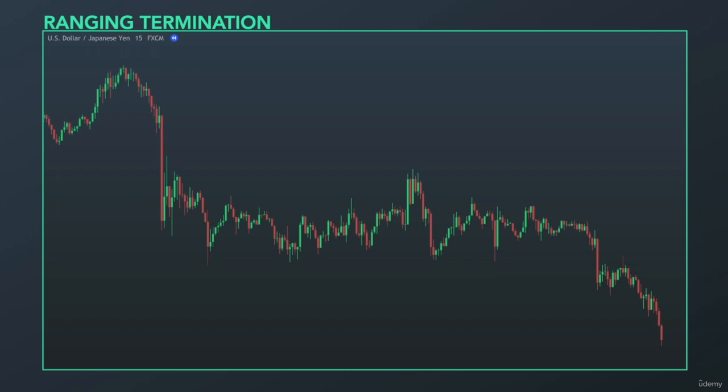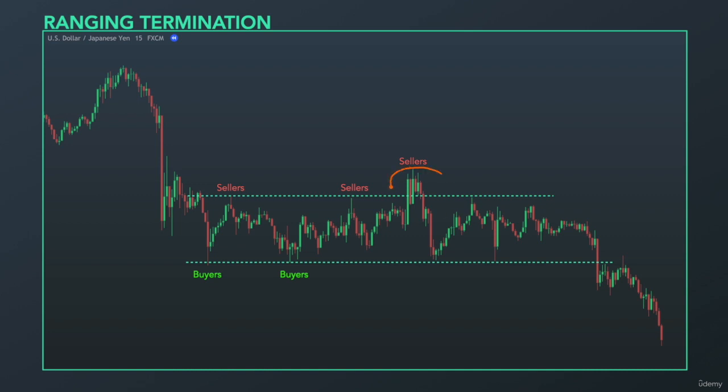Another example, US dollar Japanese yen 15-minute time frame. So coming from a downside move, we entered into a range. So at the lower part of the range, we see buyers, and then at the upper part of the range, we see sellers defending these levels. Okay, so this one is a failed breakout.